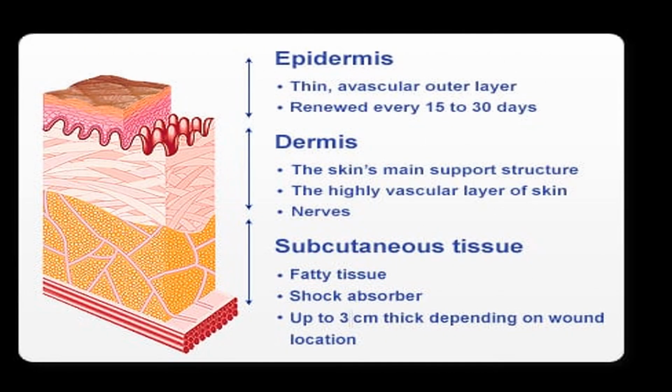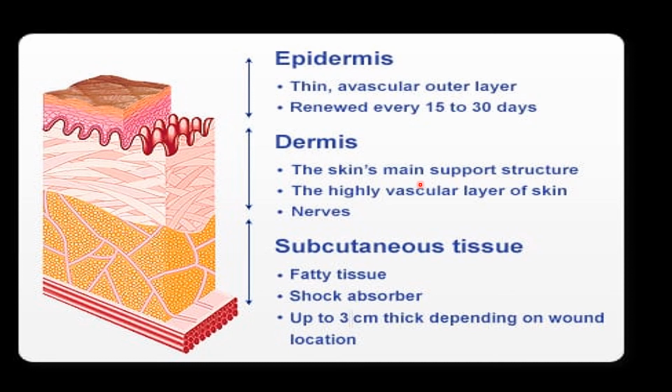Some more information about the skin layers. The thinnest layer is the epidermis, and as I have told you, it generally consists of dead cells. So dead cells are shed off and new cells arise, and their lifespan is about 15 to 30 days. Then the dermis, which contains all the important parts like the blood vessels and the nerve cells and the sweat glands.